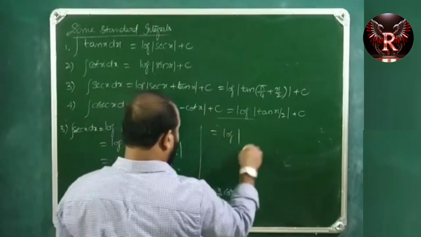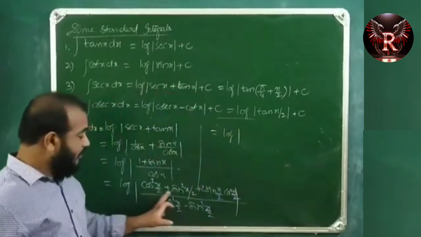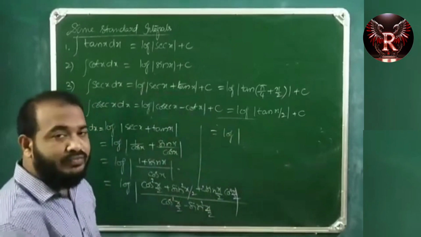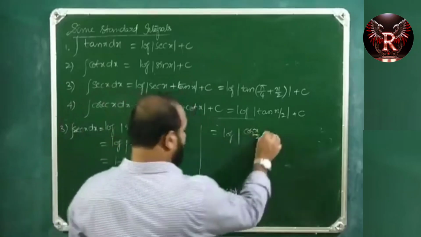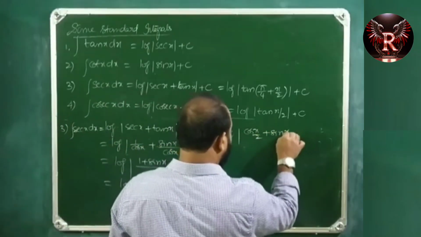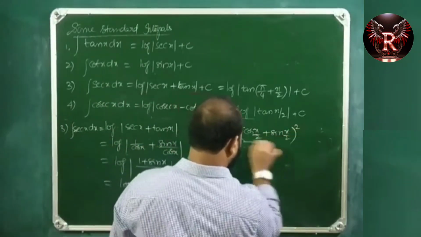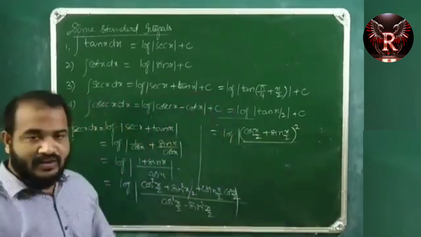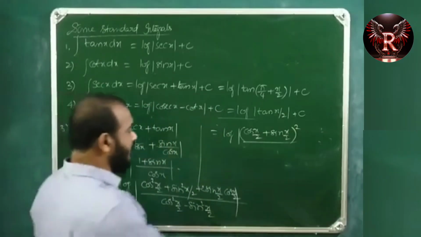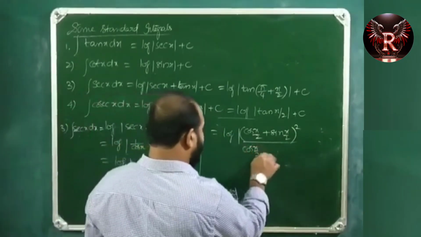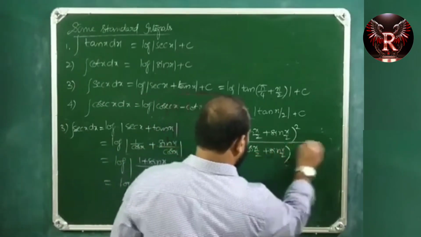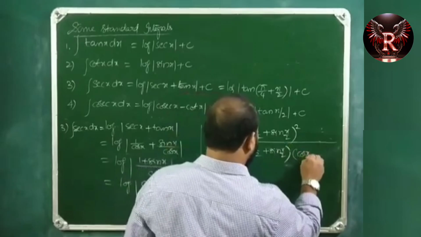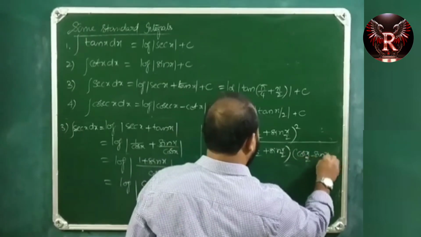Log modulus: a square plus b square plus 2ab is a plus b whole square. So this is cos x by 2 plus sin x by 2 whole square, divided by a square minus b square, which is a plus b into a minus b. So this is cos x by 2 plus sin x by 2 into cos x by 2 minus sin x by 2.